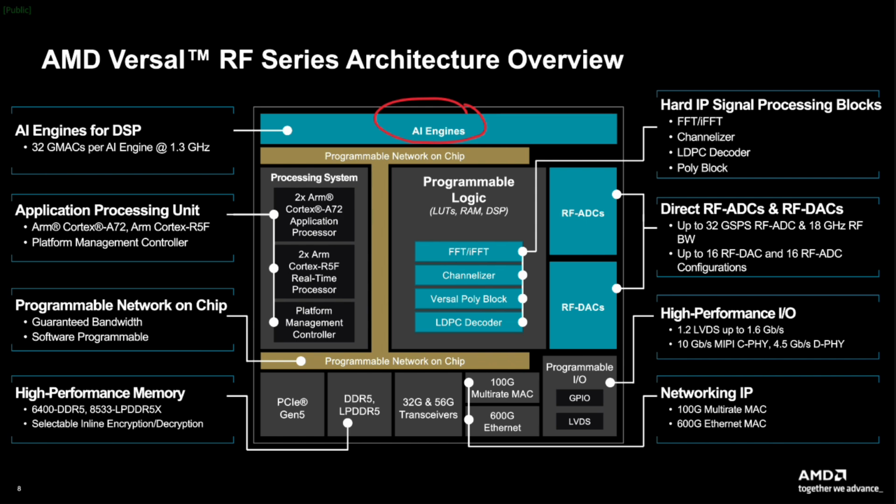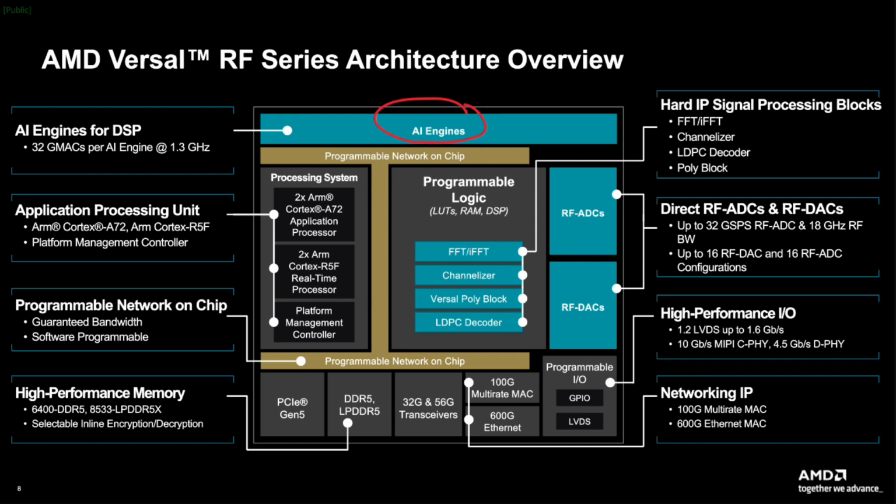The other thing that's a little bit different on Versal is we have a programmable network on chip. This allows you to route data around the chip without going through the programmable logic. So for example, you can come from the DDR right into the AI engines or the PS, and it gives you some flexibility and also guaranteed bandwidth between points on the device.